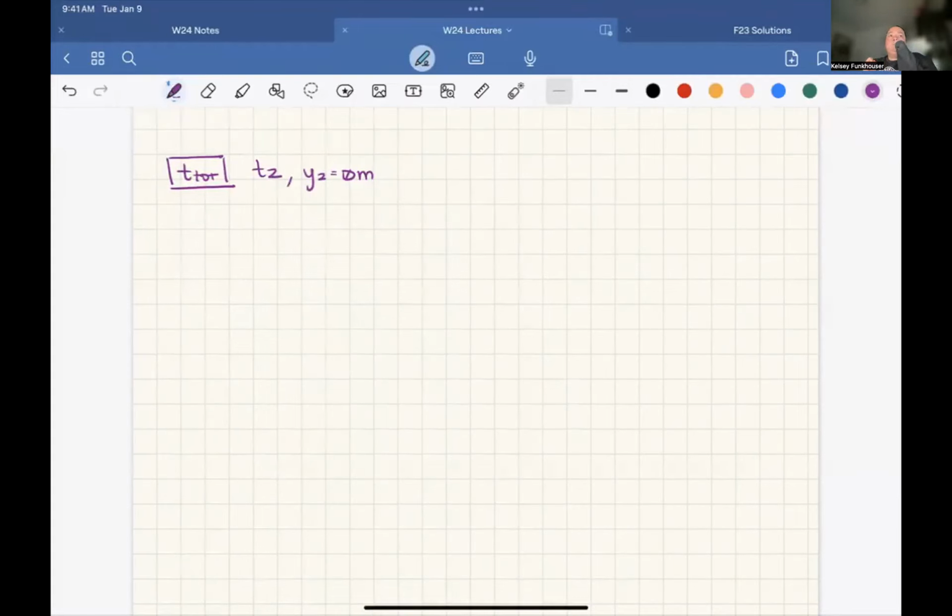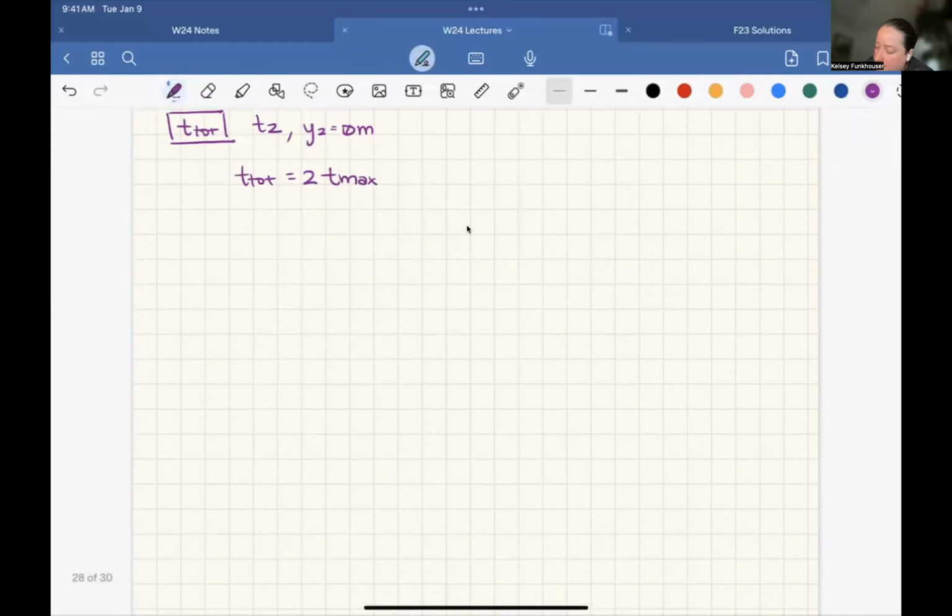But I'm going to tell you something: the total time is actually equal to 2 times the time to the maximum height. So that's just a helpful hint. We're still going to solve it because we might as well. It's good practice.